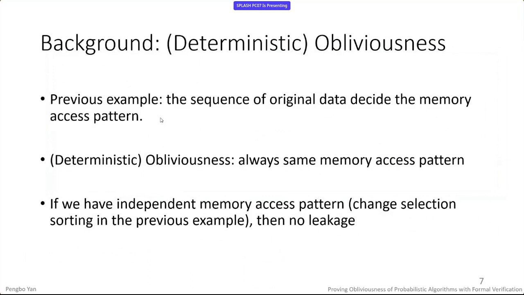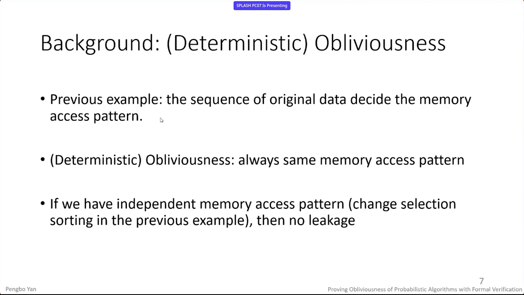So there is a definition called obliviousness to defend against this kind of attack. The previous example leaks information via the memory access pattern because the sequence of the original data directly decides the memory access pattern. An oblivious algorithm is one that always has the same memory access pattern, regardless of what the sensitive data is.